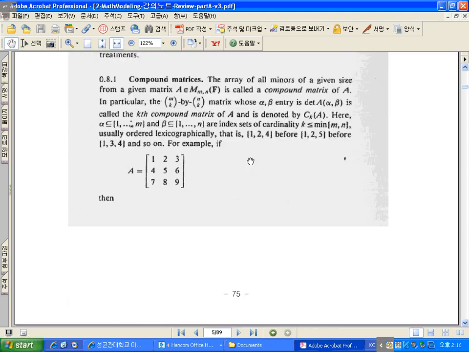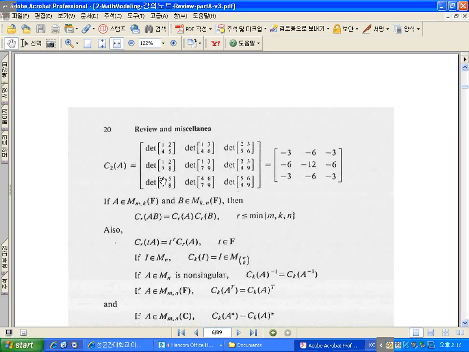Okay, so for example, let A be this 3 by 3 matrix. Then C2 of A is a 3 choose 2 by 3 choose 2 matrix, so it's a 3 by 3 matrix whose entries are determinants of those 2 by 2 submatrices, nine 2 by 2 submatrices. Here, the 2 rows are chosen as the first and second rows of A, the first and third, and the second and third rows.